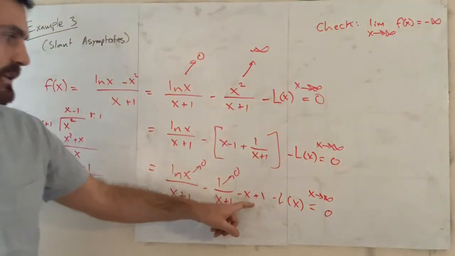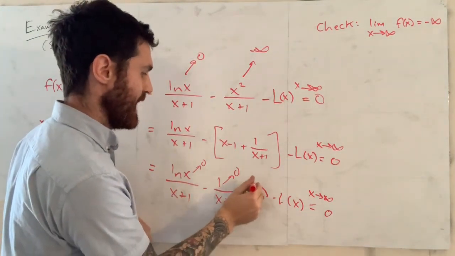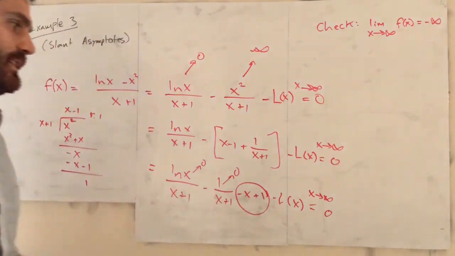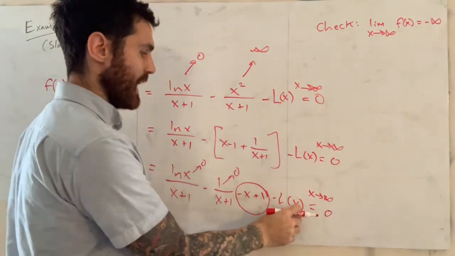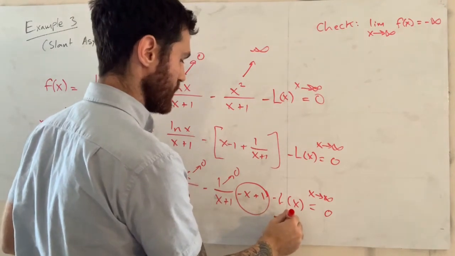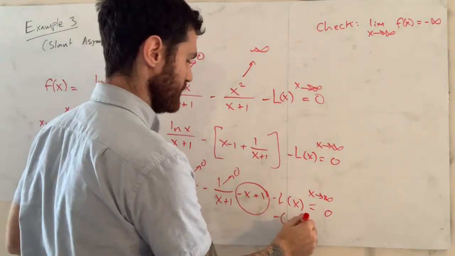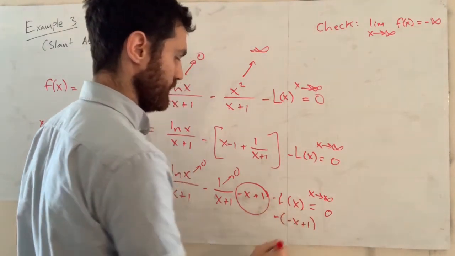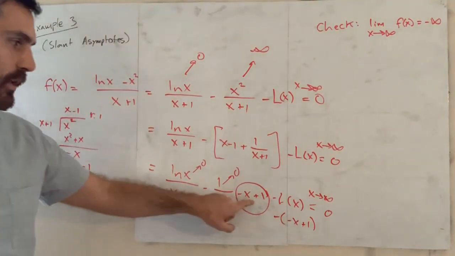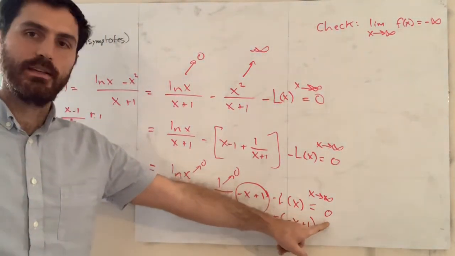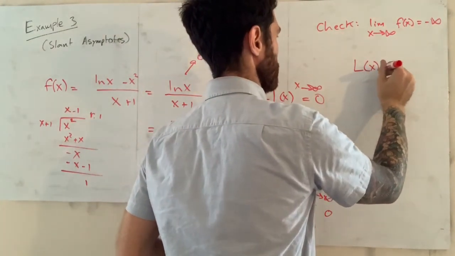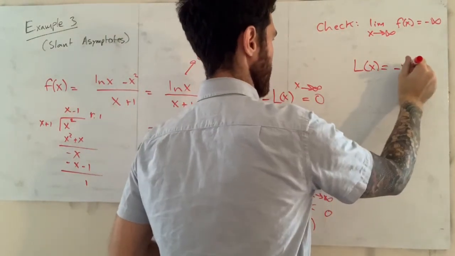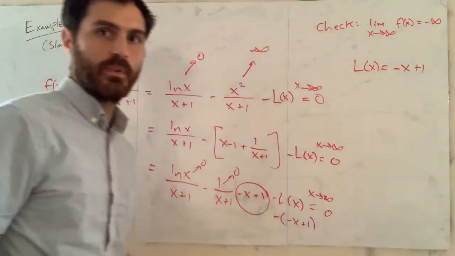What I notice is that line is exactly this thing here. So what I'm going to want to subtract is negative x plus 1. And that will counter this and make this equal to 0. So my slant asymptote should be negative x plus 1.